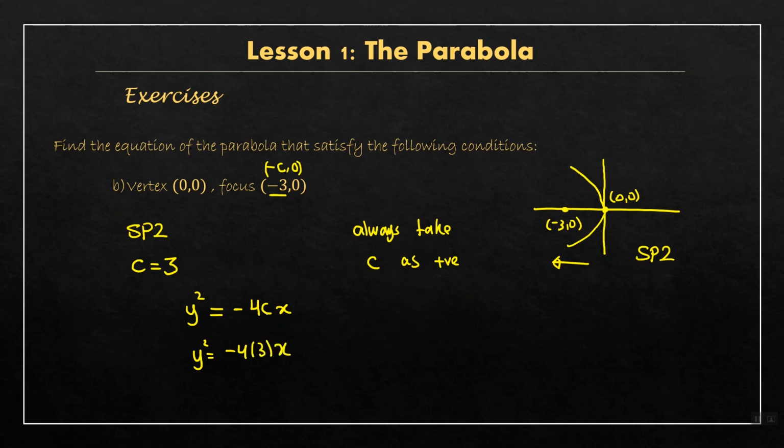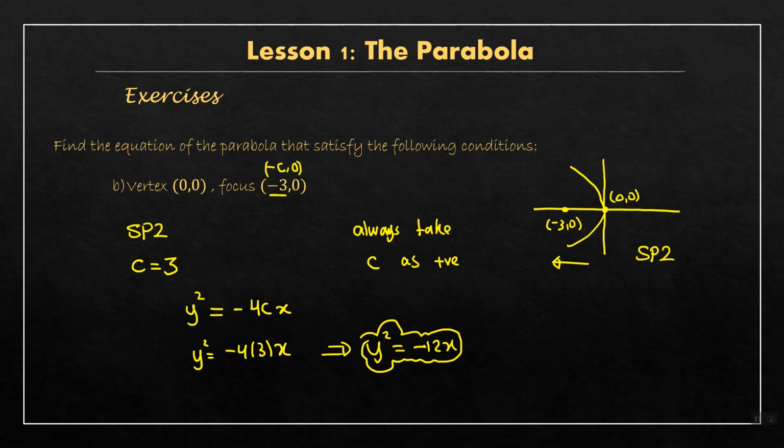Now this is why I told you to take c as positive, because if you take it negative, negative times negative becomes positive. So you'll have a different standard position, which is going to be wrong. Just take it as 3 and multiply it by the negative from the equation. So y squared equals minus 12x. This is going to be the equation of this parabola.